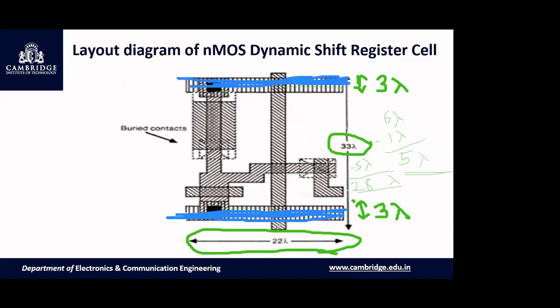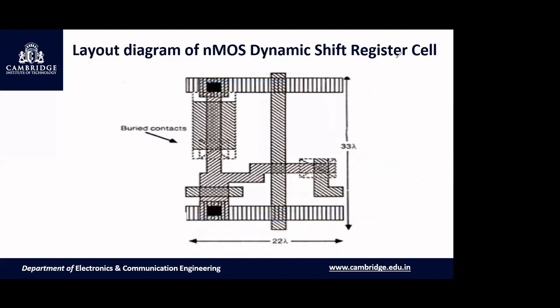In this, only 0.5 will be considered for the memory and 0.5 here, right? Totally it will become 1 lambda. That is why we'll subtract 1 lambda. 3 lambda plus 3 lambda means 6 lambda. If you subtract 1 lambda, you'll get 5 lambda. 33 lambda minus 5 lambda means you'll get 28 lambda. So now the actual area will be 22 lambda by 28 lambda. Understood, no? So that is the area.